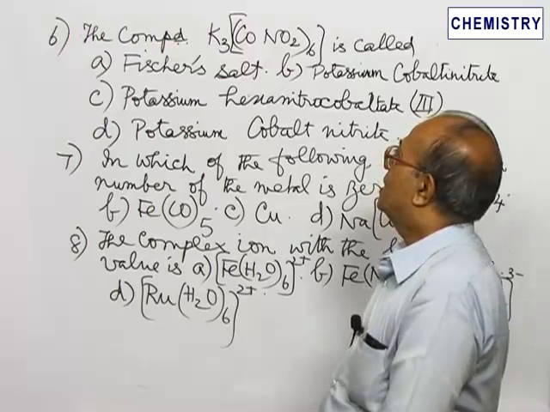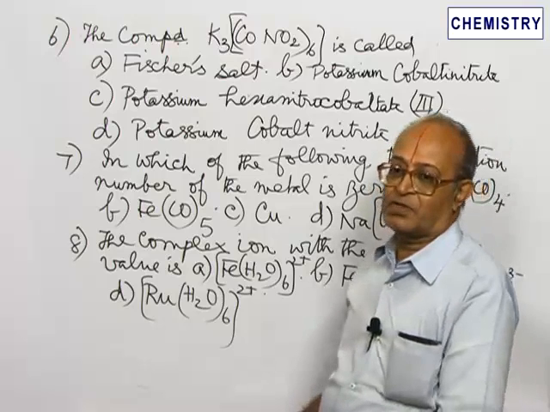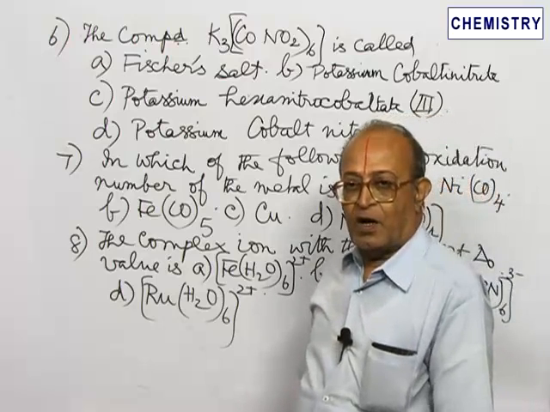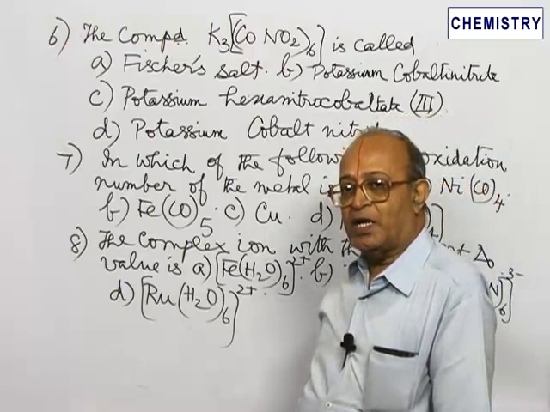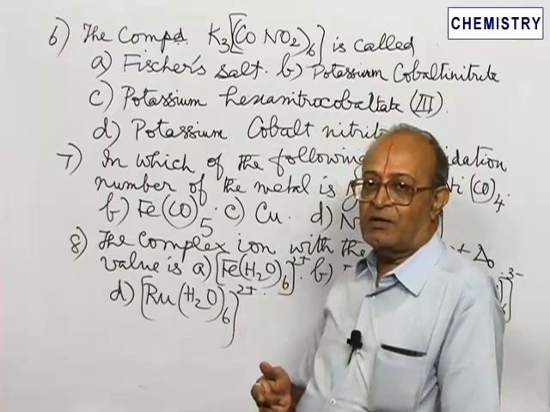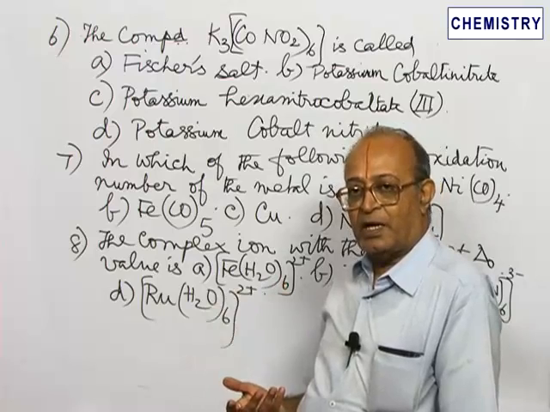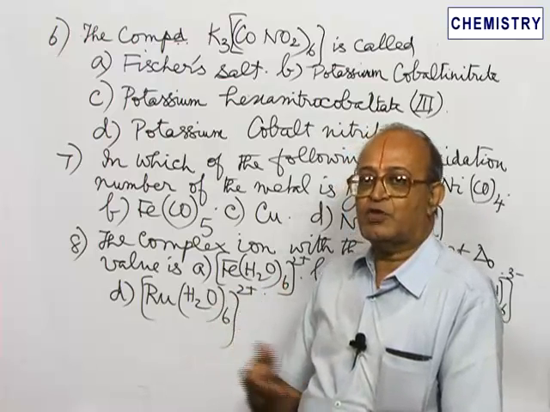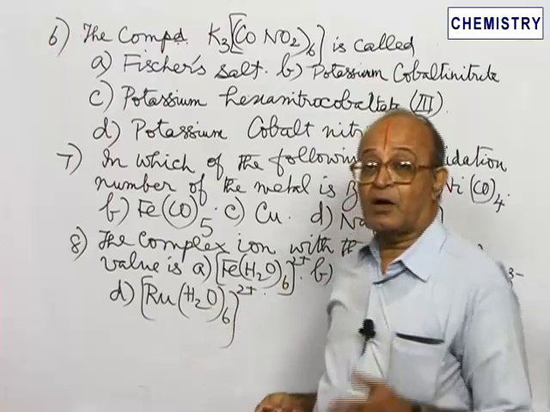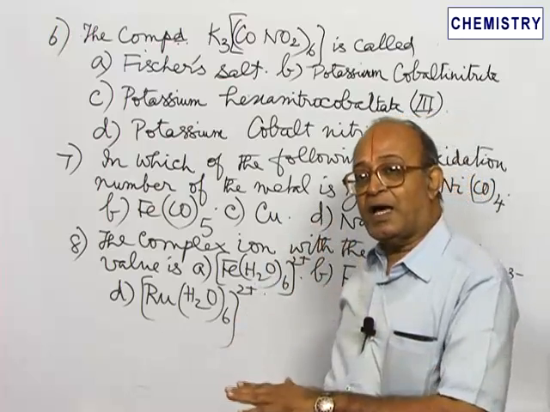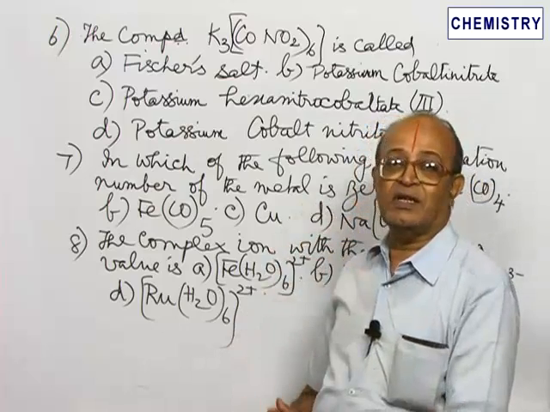K3[Co(NO2)6]. Probably you remember a complex compound may contain a cation which is complex, or it may contain an anion which may be a complex, or a complex may contain both cation and anion being complex in nature.